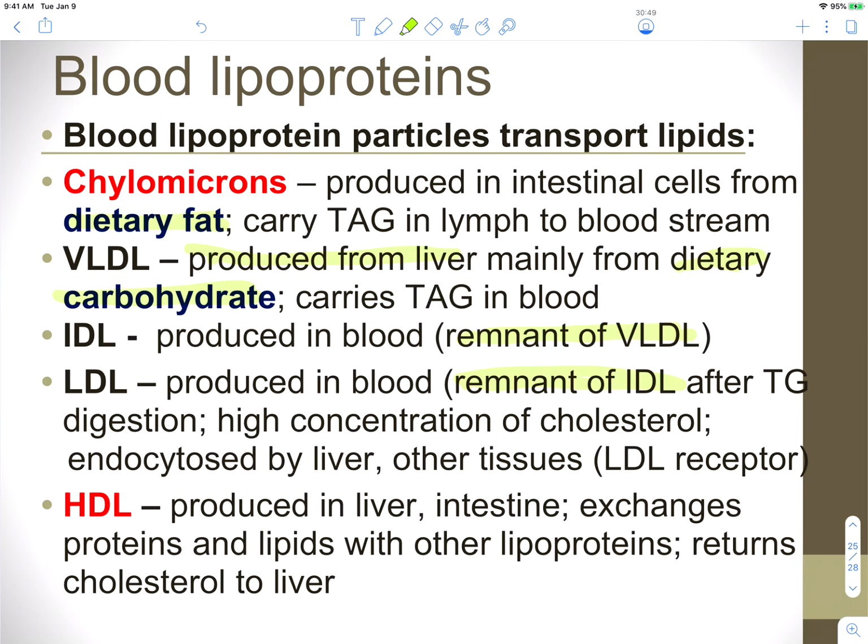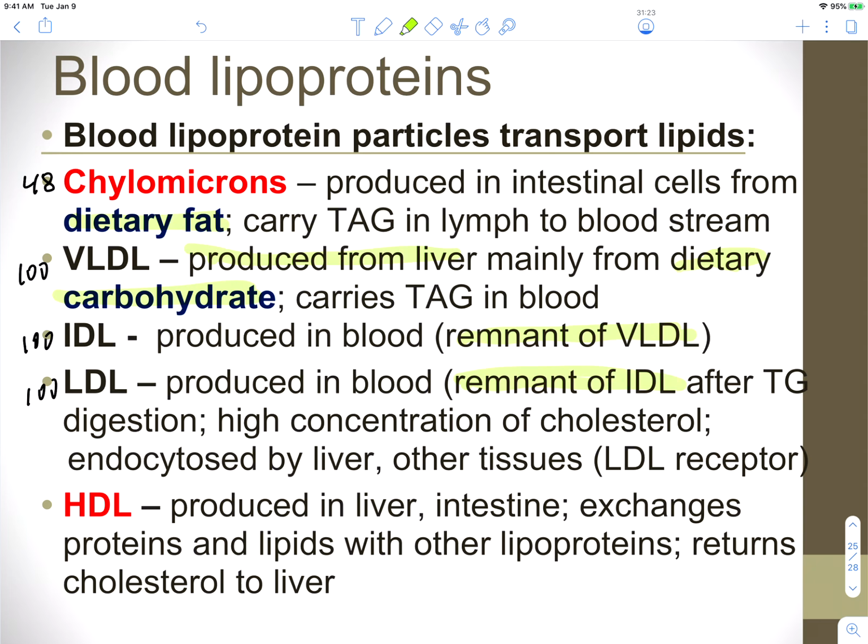Again, they're going to have that ApoB100 on their surface. So this has 48. This will have 100, 100, 100. The low-density lipoproteins are important because they're able to move around a bit more, and they have a very high concentration of cholesterol. So they're going to be important for your brain and tissues that need to make cholesterol-laden hormones, for example. So they'll be able to donate to areas like that.